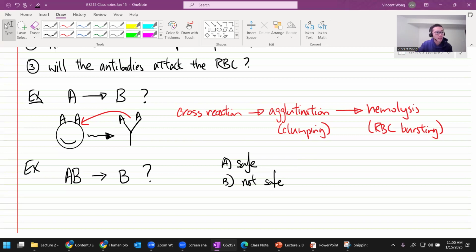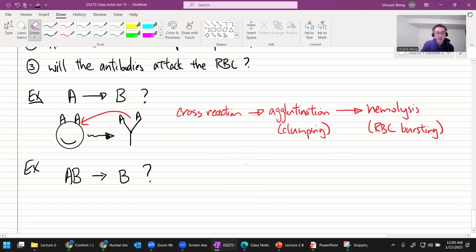No more answers coming in? Well, it's kind of half-half. More of you think it is not safe than safe, but it's roughly half-half.